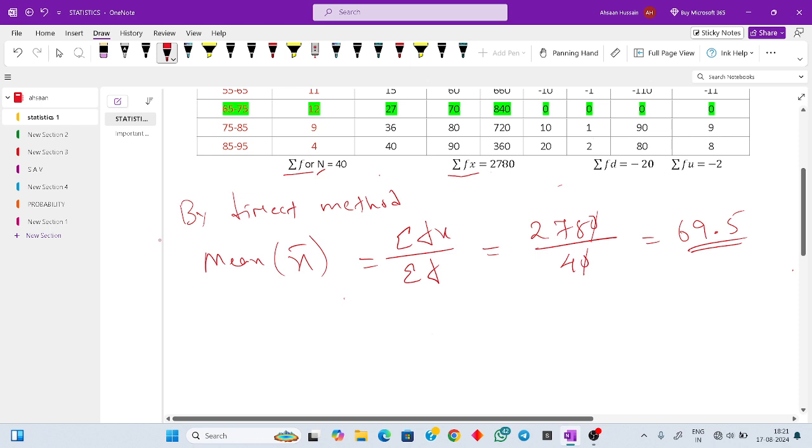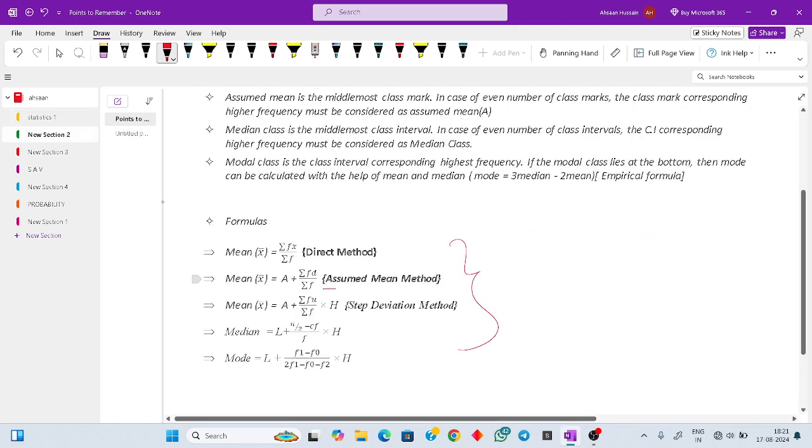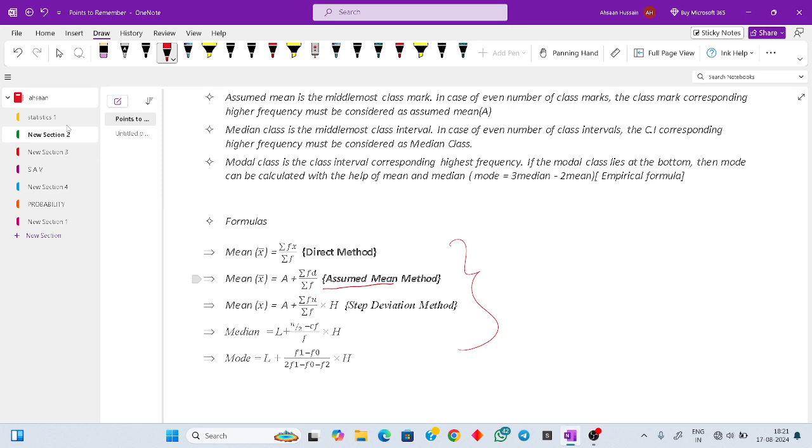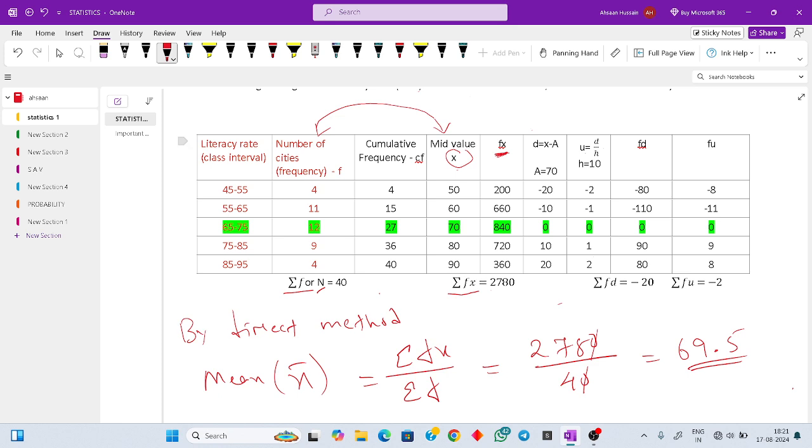Then the second method. What is the name of the second method? Assumed mean method. It means we have to assume a mean first. So from where do we have to assume the mean? The answer is we have to assume the mean from the mid value column.